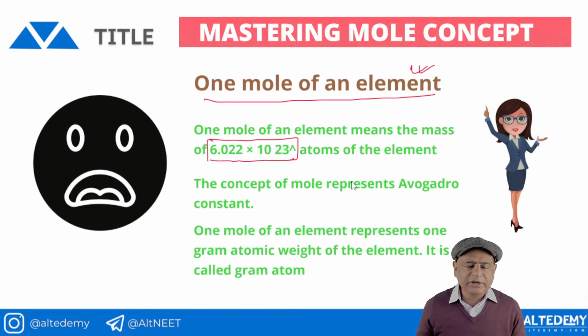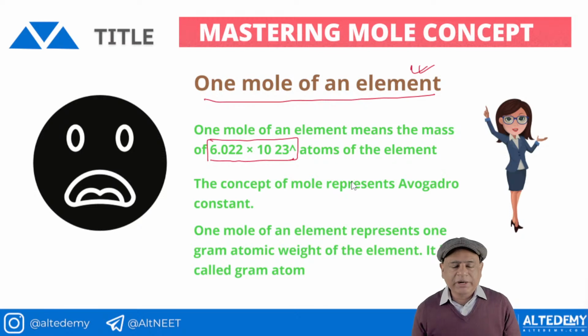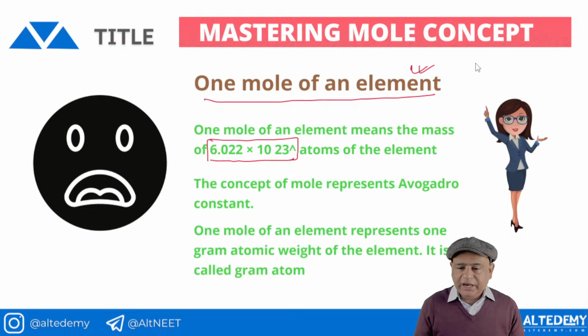Let us not get fussy over that. 6.022 or 6.023, it is one and the same for us right now. Doesn't make much of a difference. Into 10 to the power 23. I will write it 6.023, and this we call as Avogadro number.